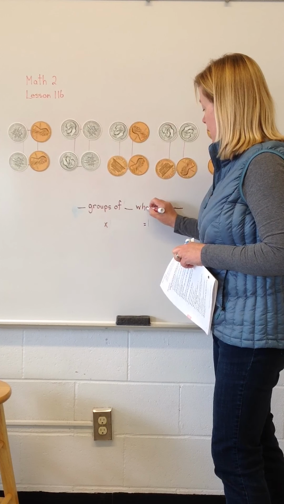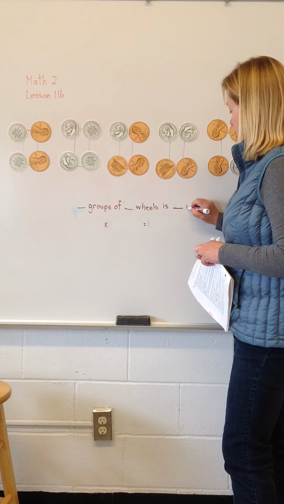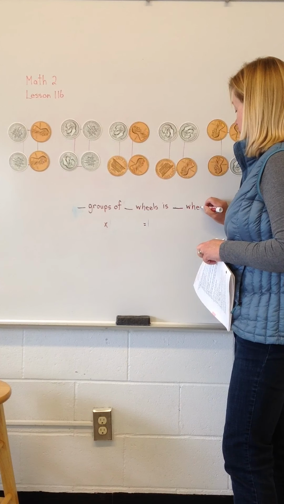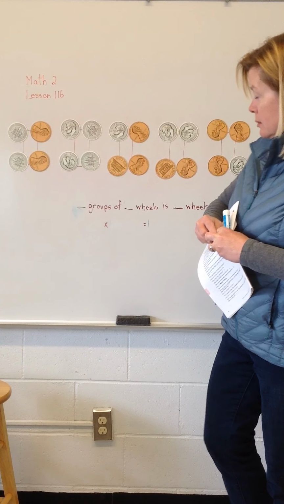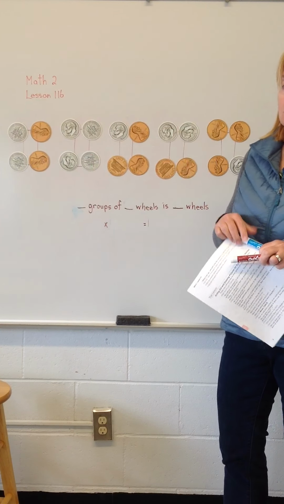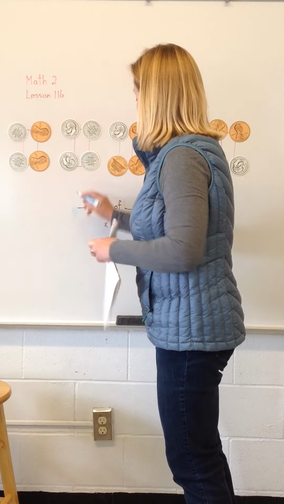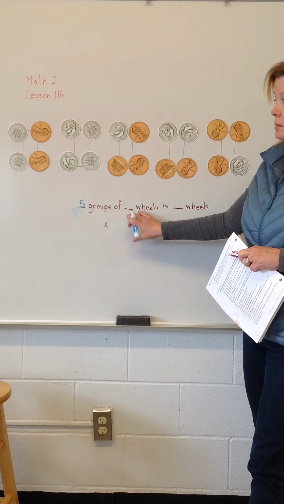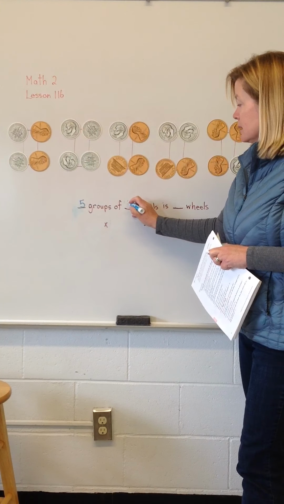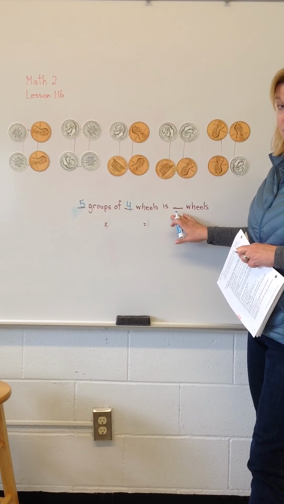So I'll write in the label wheels. Is blank, and you have wheels again. So tell me, how many groups are there? 5. Of how many wheels? Remember, each car has 4 wheels. How many wheels was it altogether? 20.